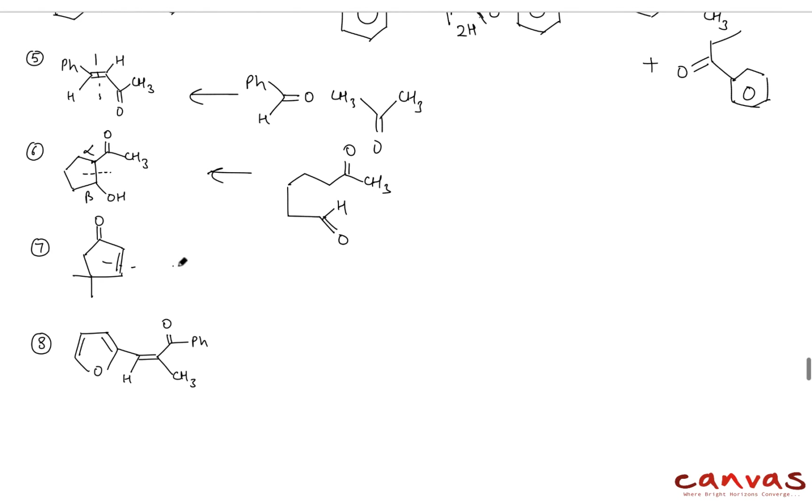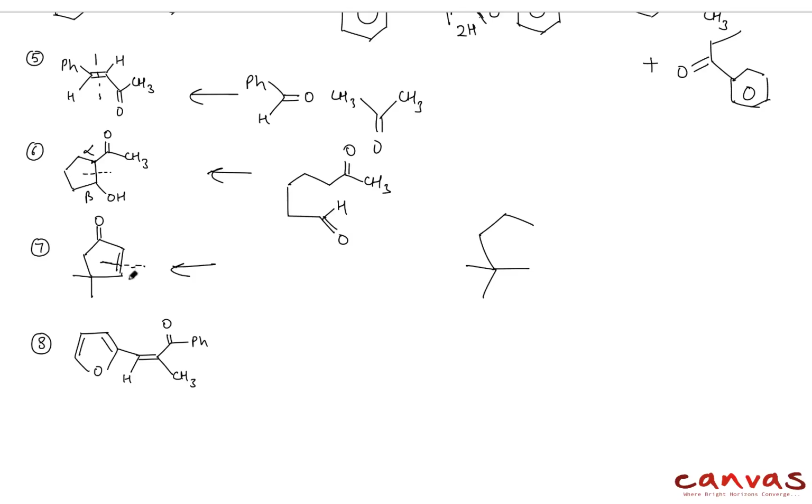Next, 7th. Now, here, when you break this bond, on upper side, there is a keto group. But here, we don't have oxygen.